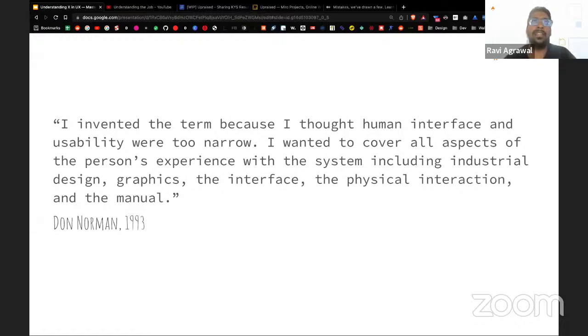This was in 1993. Don Norman was one of the founding designers of Apple, and he laid out some of the principles of what designing at Apple would look like.